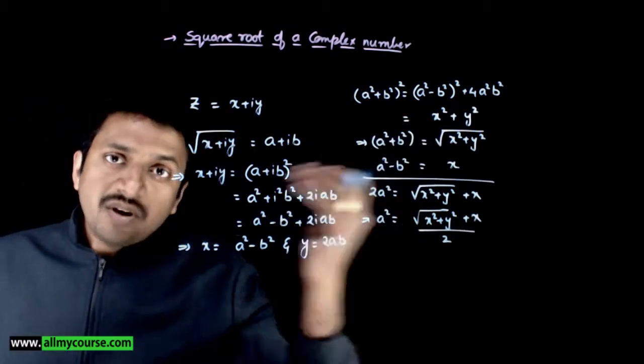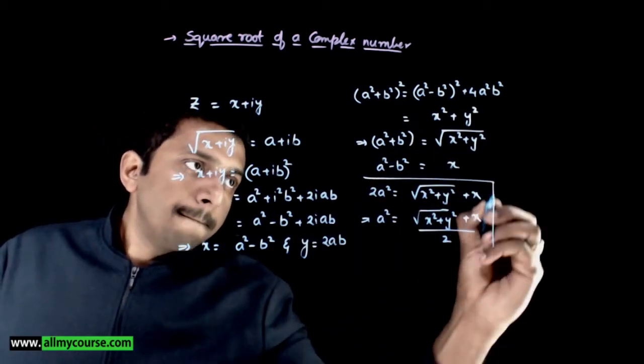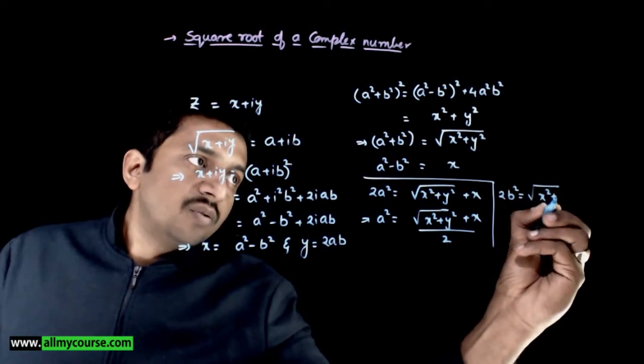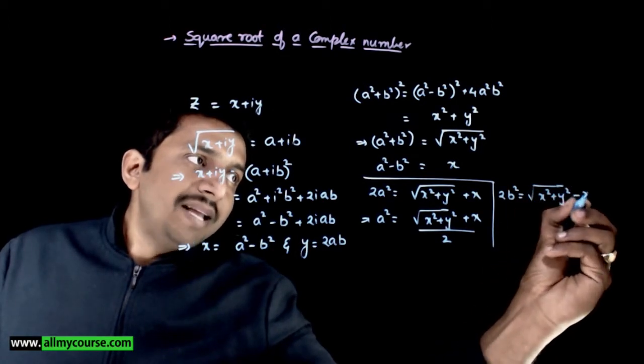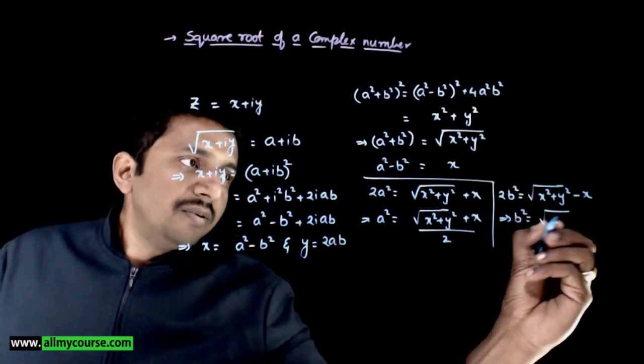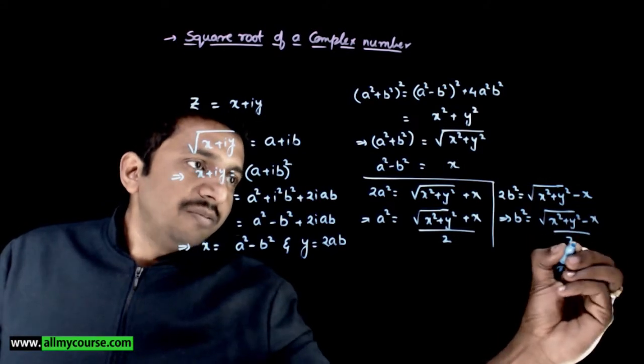Next, if you subtract one from the other, 2b square will be equal to root of x square plus y square minus x. So b square is equal to root of x square plus y square minus x by 2.